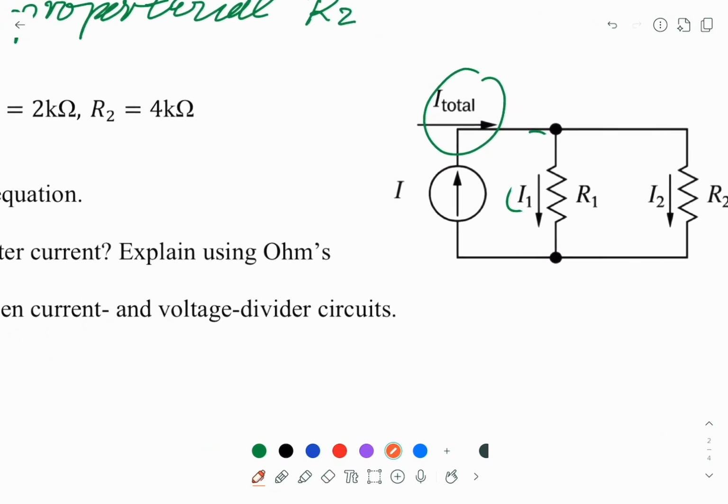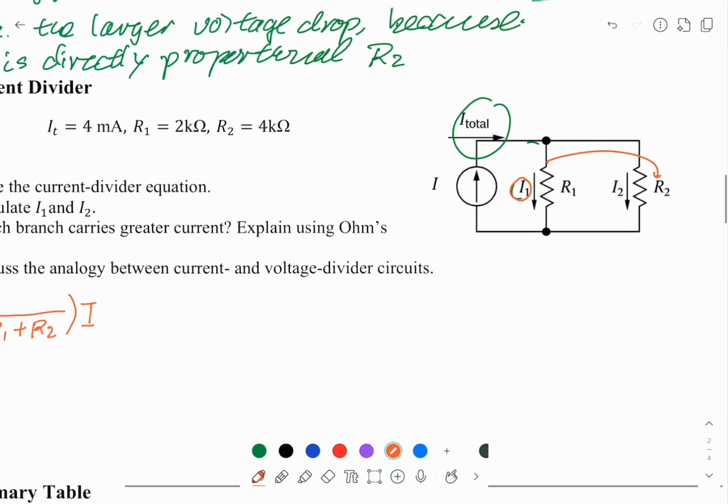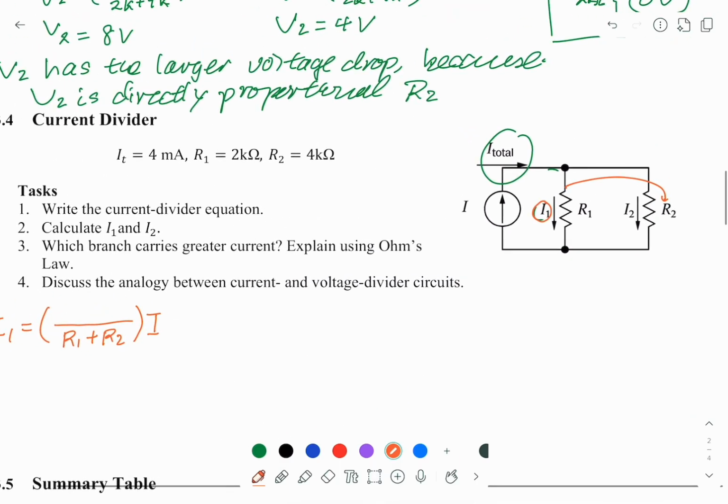But this time we want to find I1, so the numerator is the other R, which becomes R2.